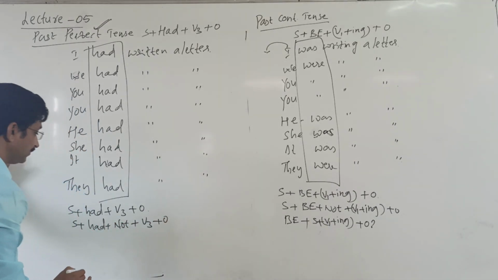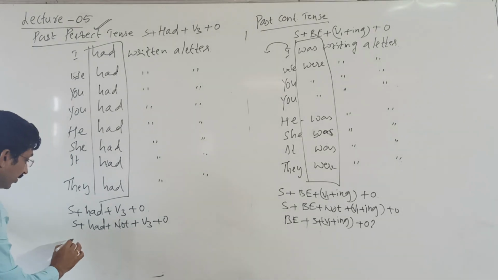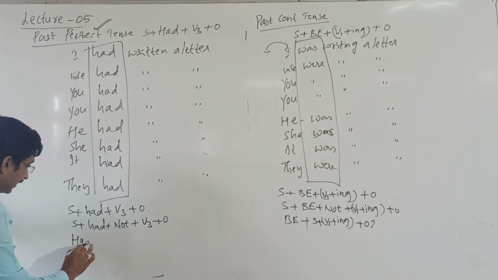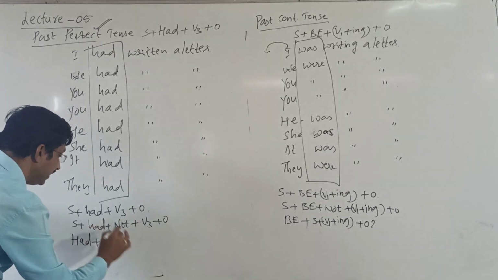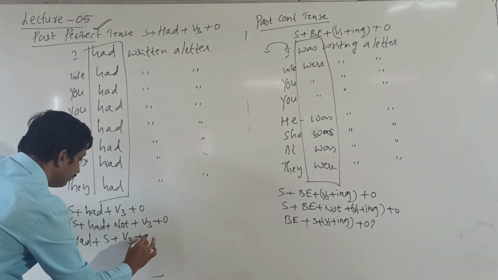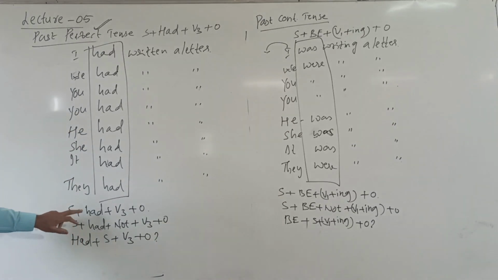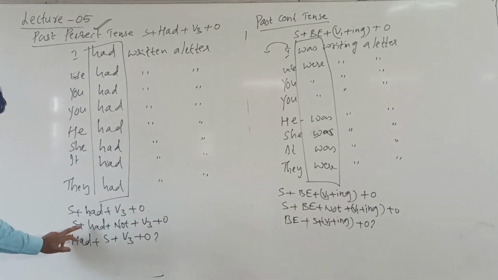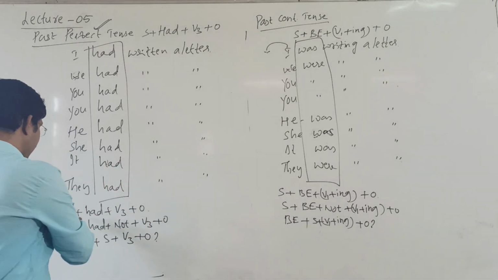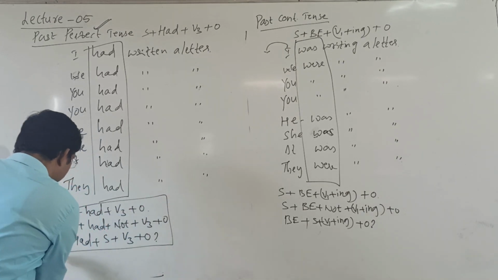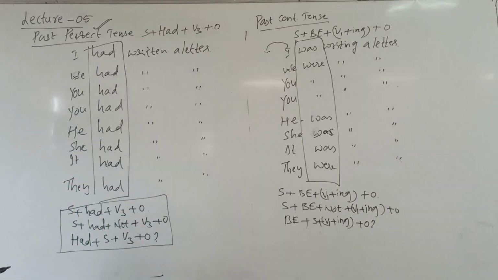And its interrogative is had plus subject plus V3 plus object. I had written a letter. I hadn't written a letter. Had I written a letter. So these are the three structures concerned with past perfect tense.